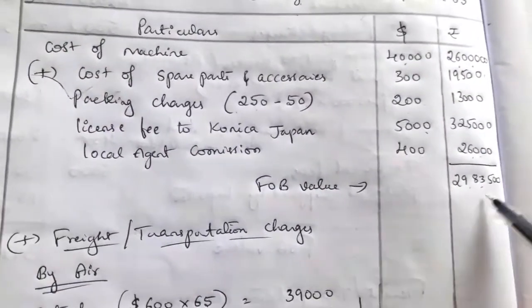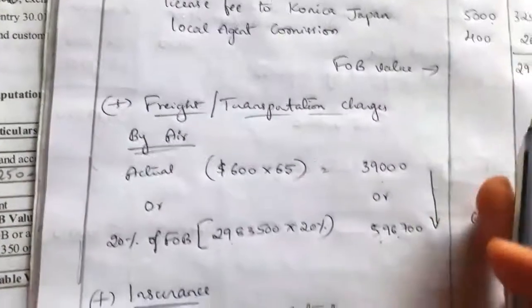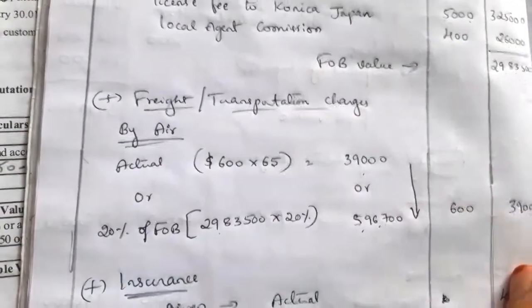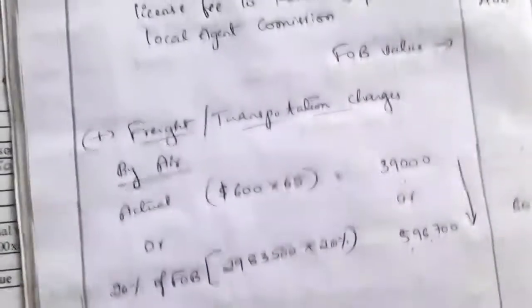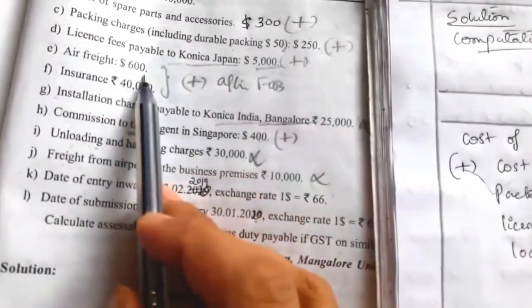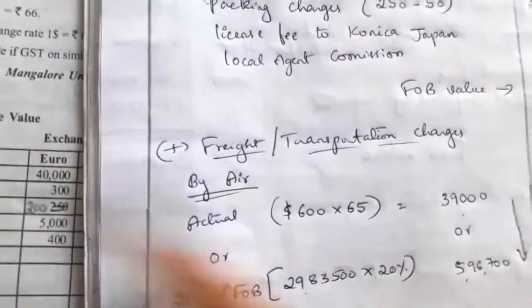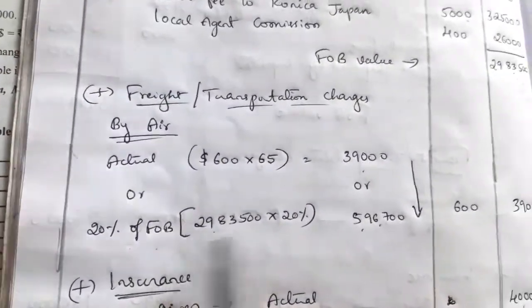So there is no other information, we have to total. So the FOB value is equal to 29,83,500. After that we have to add freight and transportation charges. Here the import is by air, so we have to apply actual or 20% of FOB. The actual given is $600. So $600 into exchange rate 65 is equal to 39,000, or 20% of FOB we have to take.